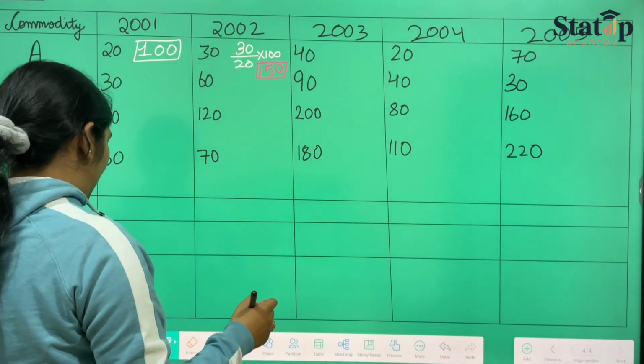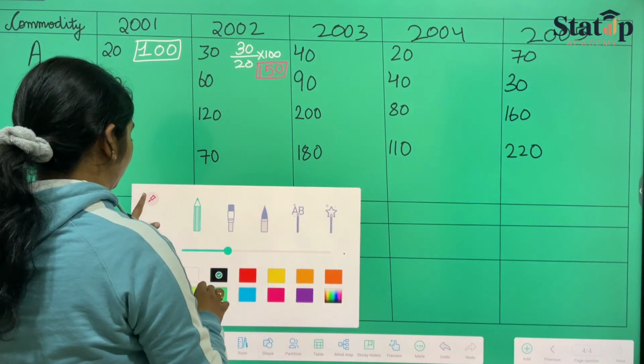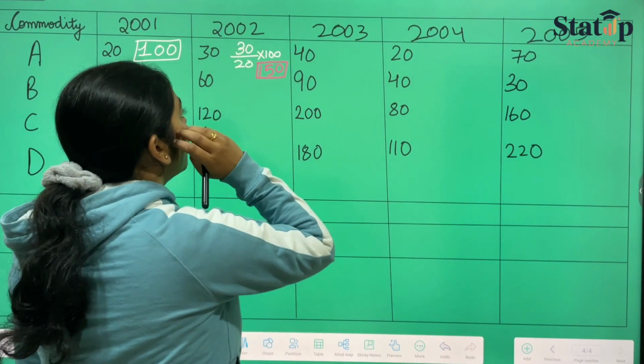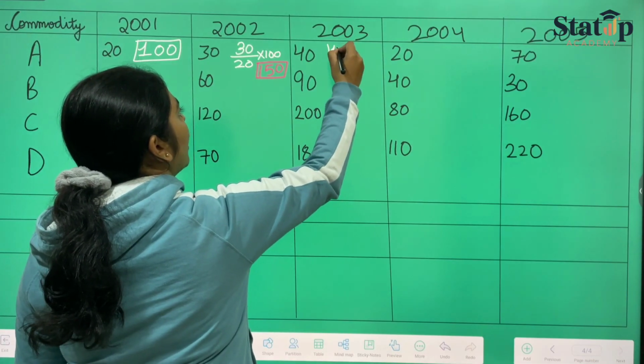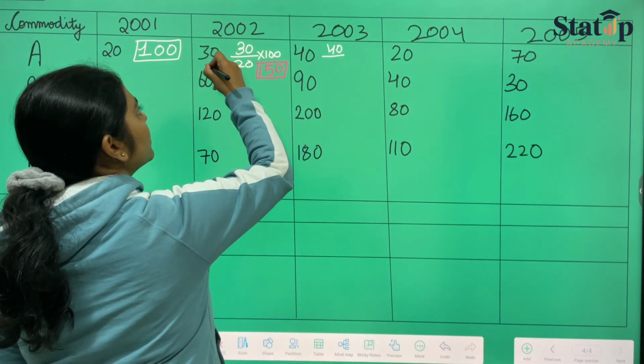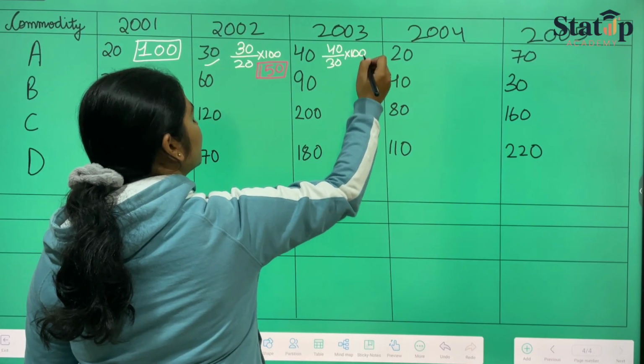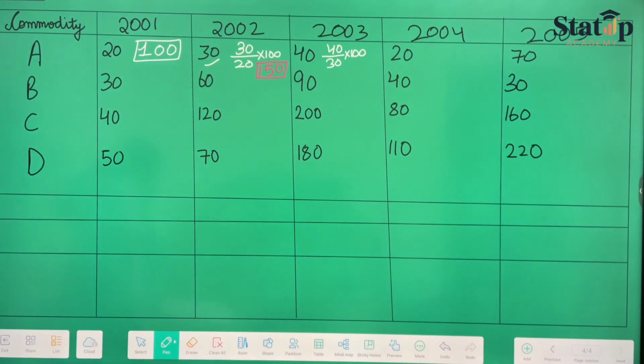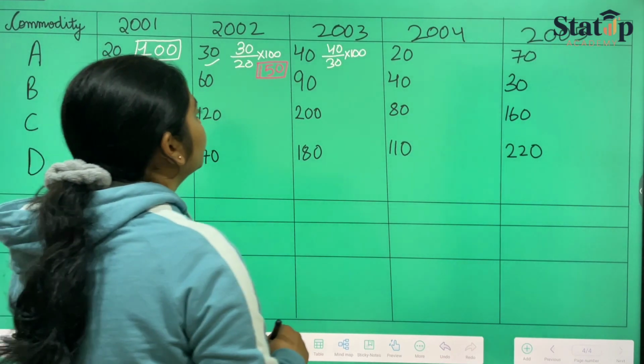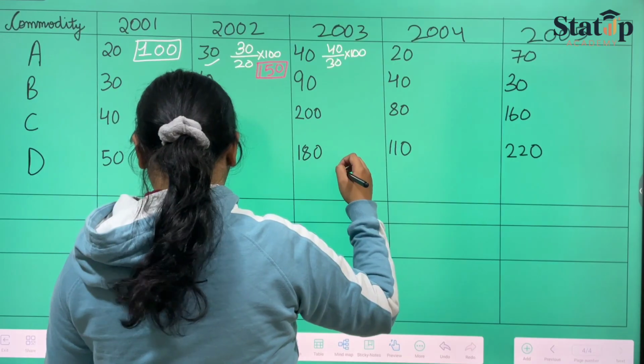And here again, 40 upon previous value 30 into 100 will give us 133.